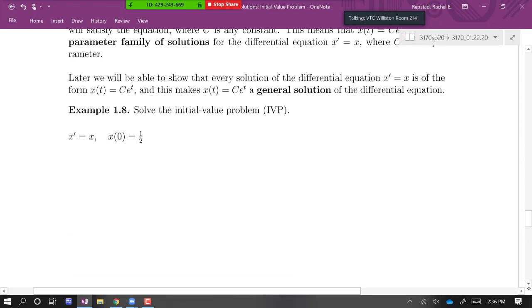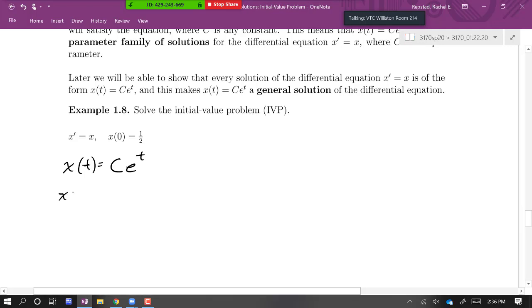So let's solve this initial value problem. They're giving us x prime equals x, and that x of 0 is equal to a half. We already know the general solution; we figured that out by inspection. We just need to find c. They gave us an initial value so we could find the particular solution.